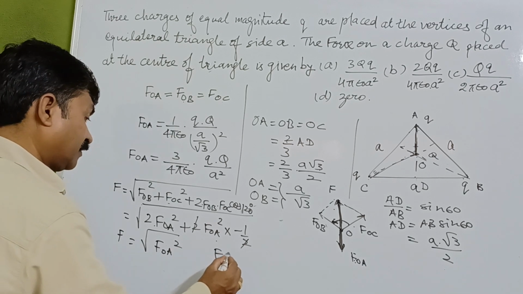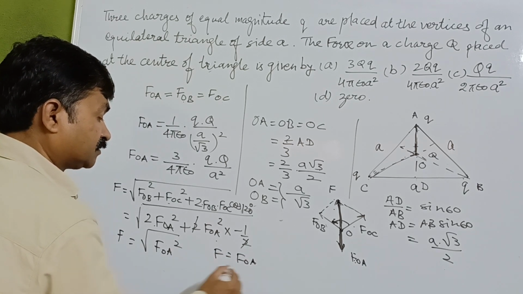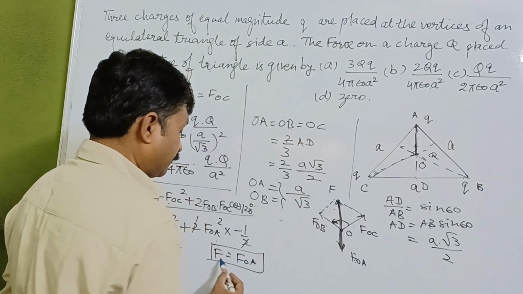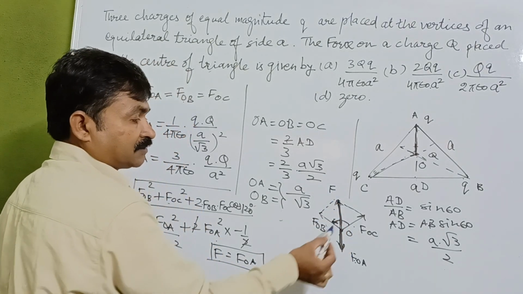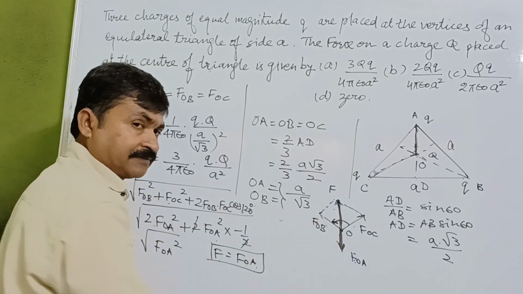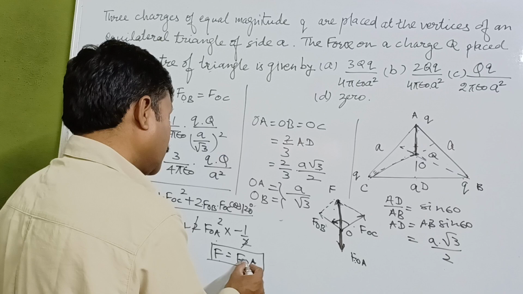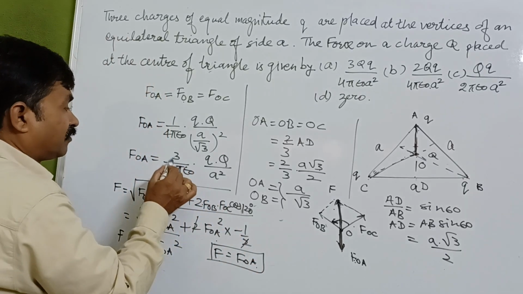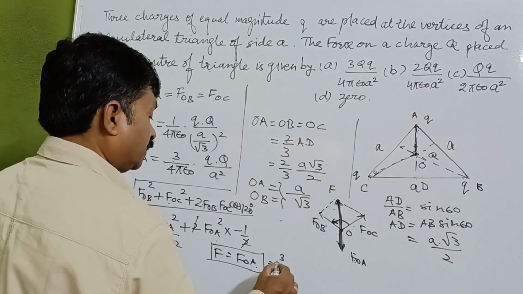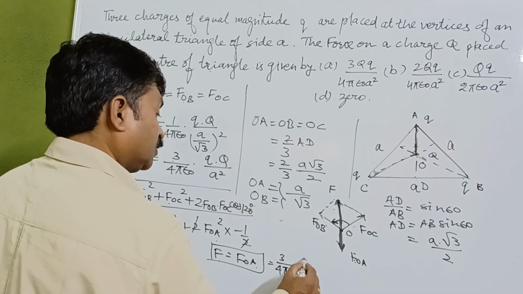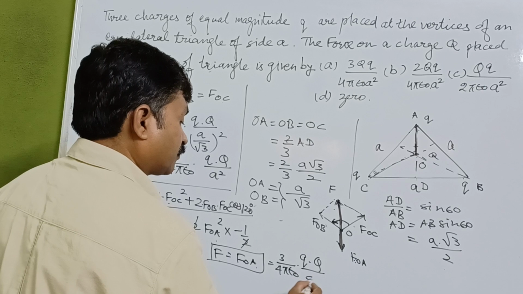Here we have got the magnitude of the force F, which is acting in this direction. Either we can say the magnitude of this force and the magnitude of this force are equal, but both are acting in opposite directions. So here FOA has this value, 3 upon 4 pi epsilon naught into Q upon A square.